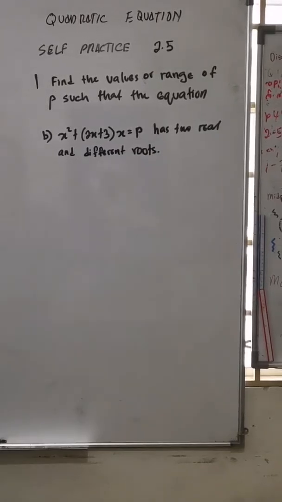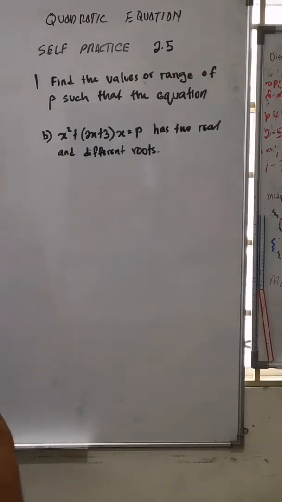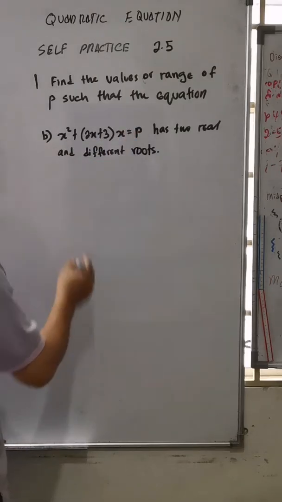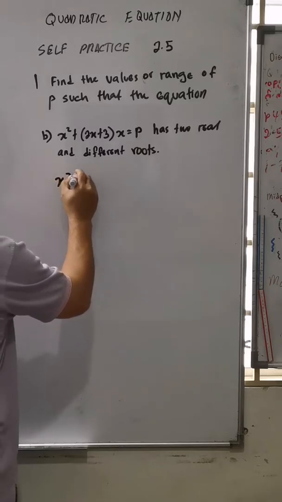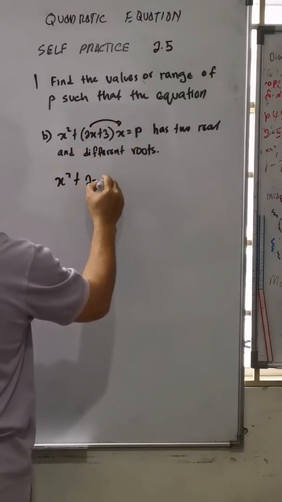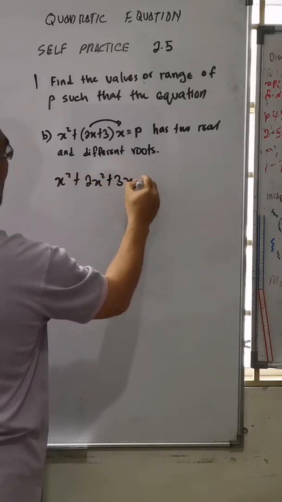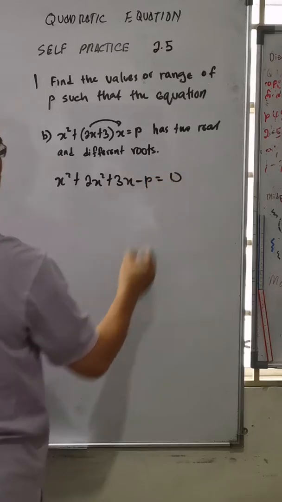Question B: x squared and 2x plus 3x equals p has two real and distinct roots. Anyway, as with any quadratic equation, make the equation into general form. I expand the bracket. 2x times x, 2x squared plus 3x minus p equals 0.